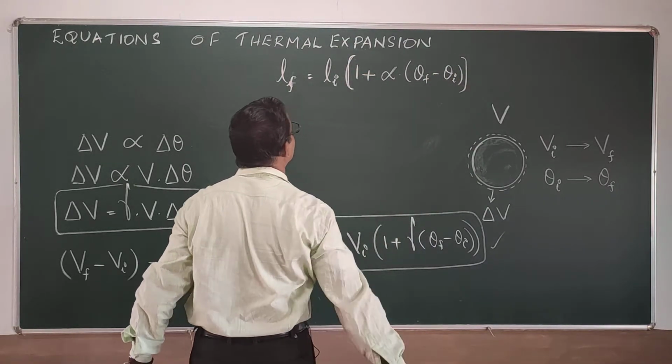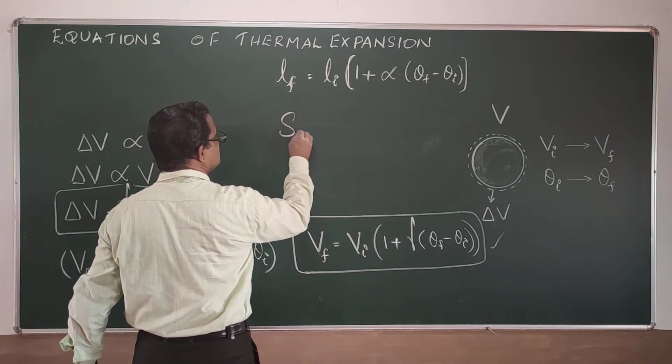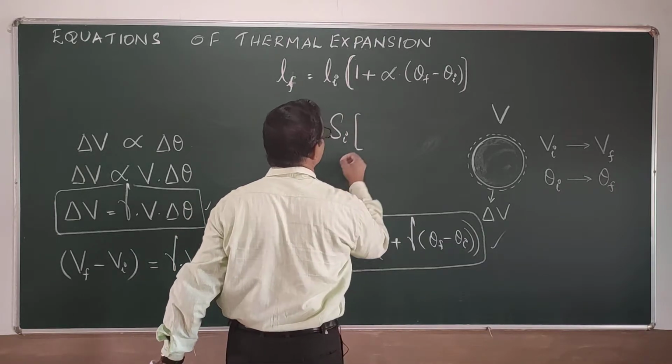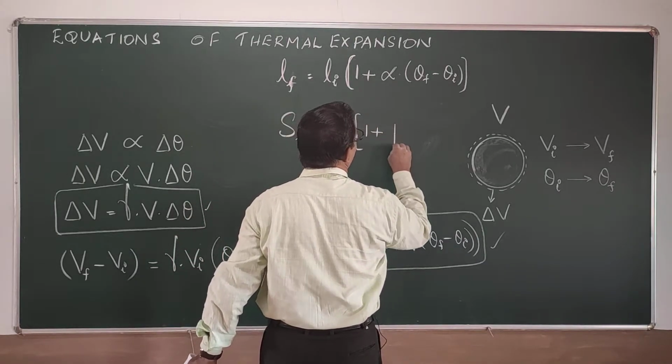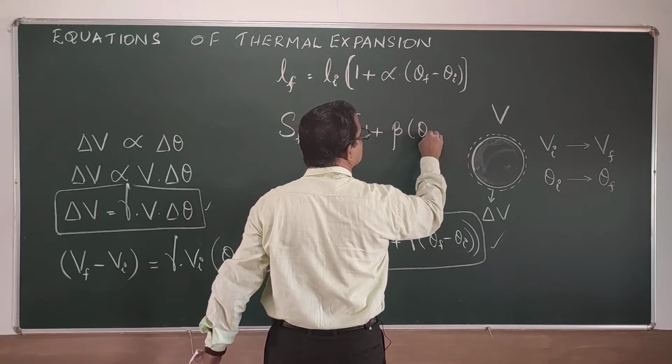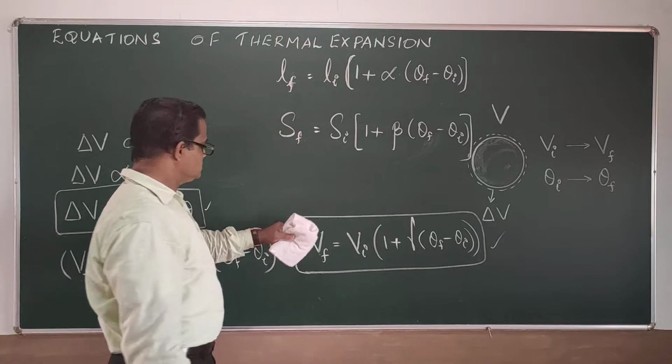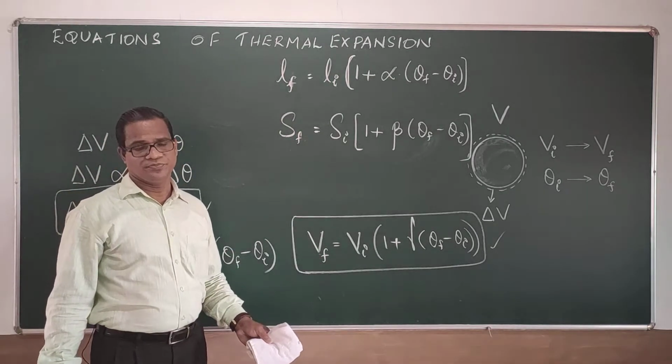Then surface area final will be equal to surface area initial into 1 plus beta into theta final minus theta initial, and this is the volume expansion.